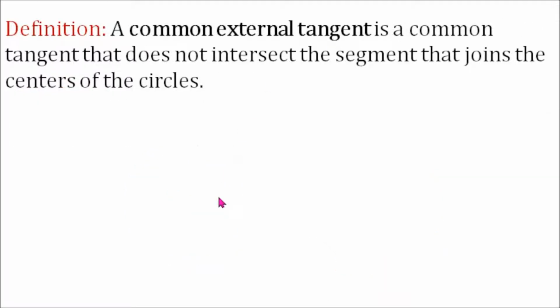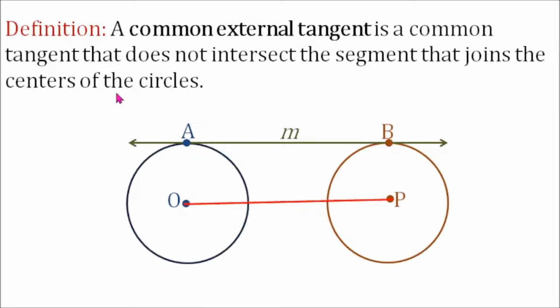The second case is a common external tangent. It is a common tangent that does not intersect the segment that joins the centers of the circles. So here, line M is a common external tangent because it does not intersect the line segment OP that connects the two centers of the circles.